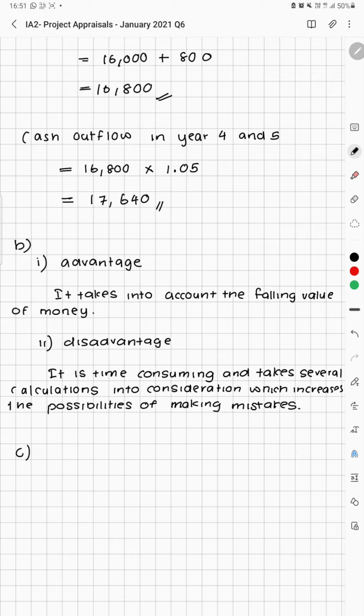Okay, so profitability index, the formula for profitability index, write down. Profitability index equals, it's quite simple, net present value plus cost of investment divided by the cost of investment.